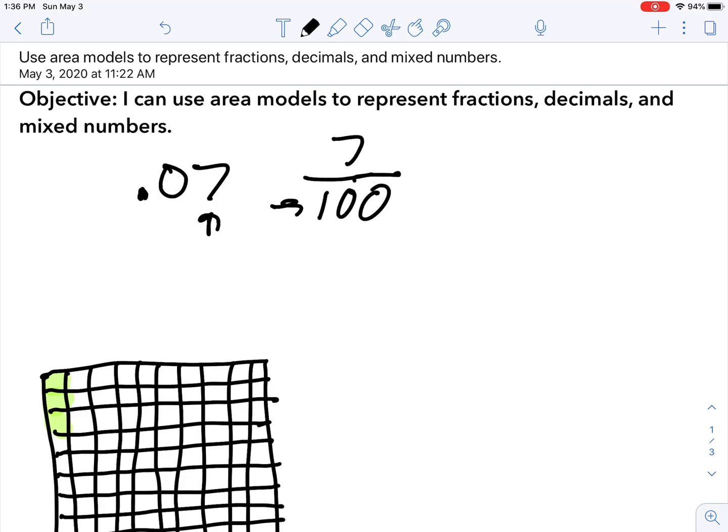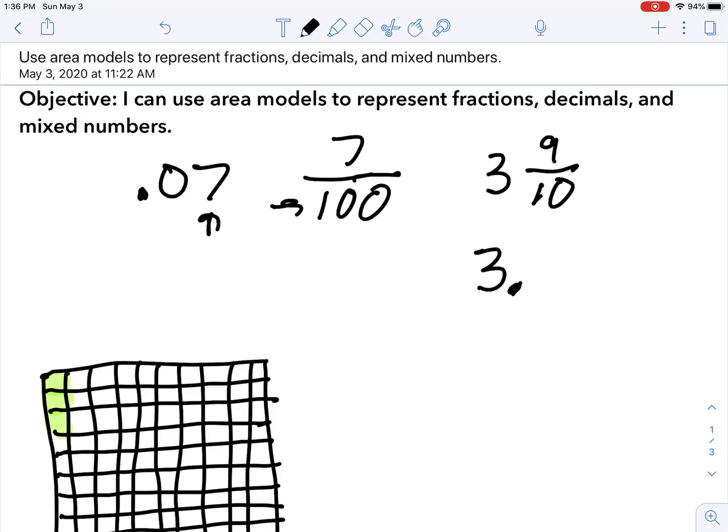We also are writing fractions and decimals as mixed numbers too. So in this case, I'll write the fraction mixed number. So for instance, if we have that mixed number 3 9/10, how would I write 3 9/10 as a decimal?